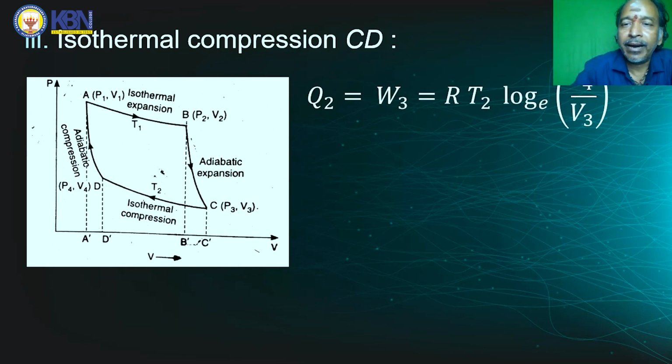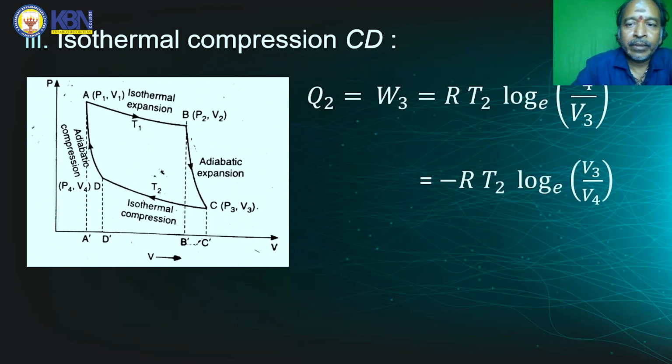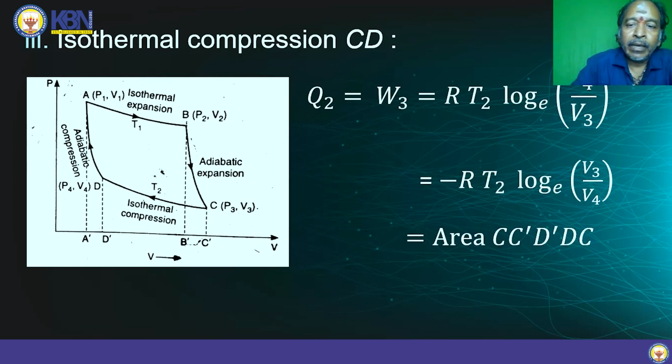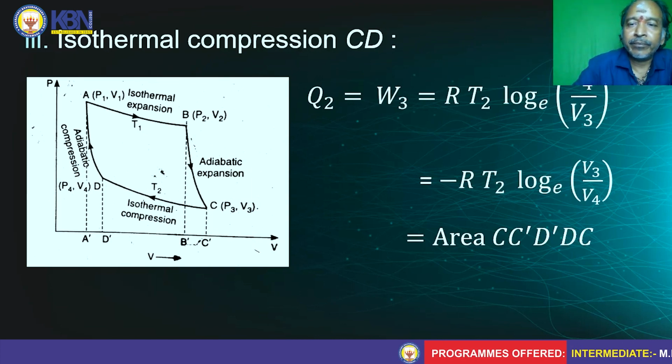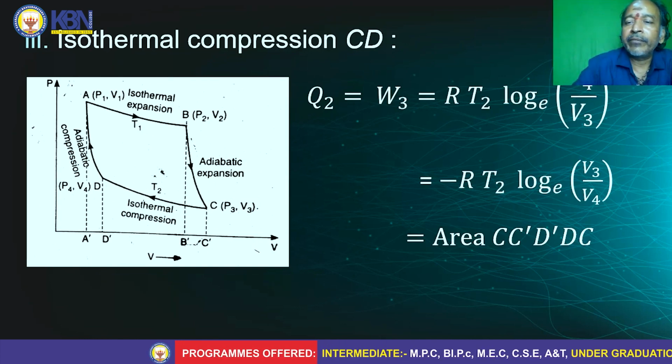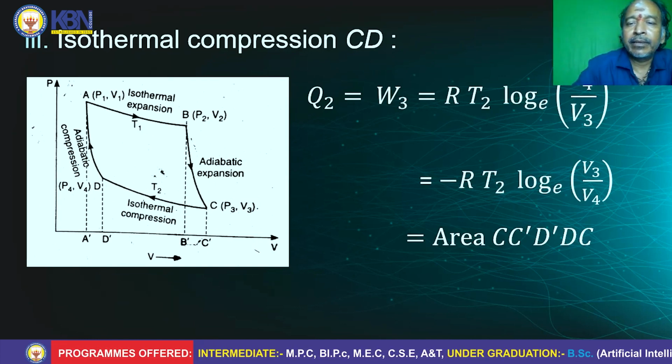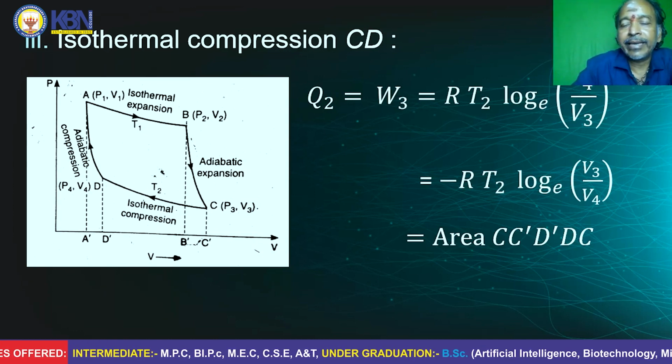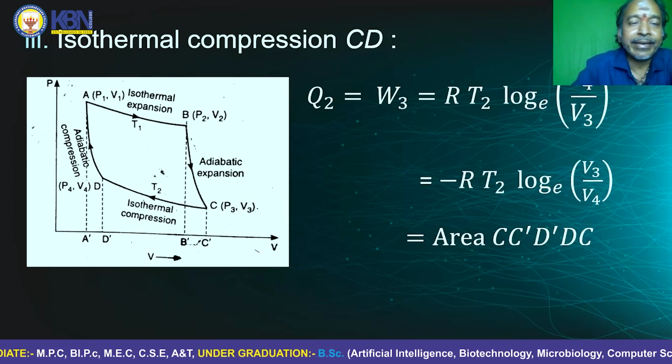The formula is RT2 log V4 by V3, where T2 is the temperature of the sink, and in terms of the area it is equal to C, C dash, D dash, D and C. And here V4 by V3 is also expressed as V3 by V4 with the minus symbol. Here the minus sign indicates there is work done on the gas.